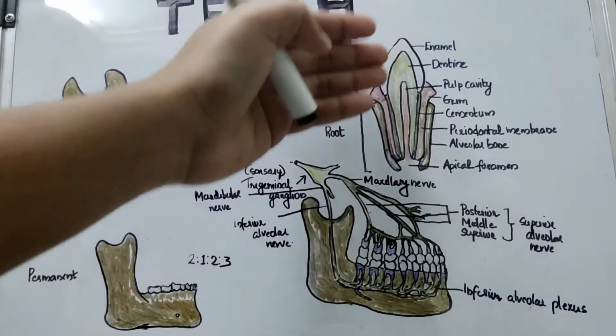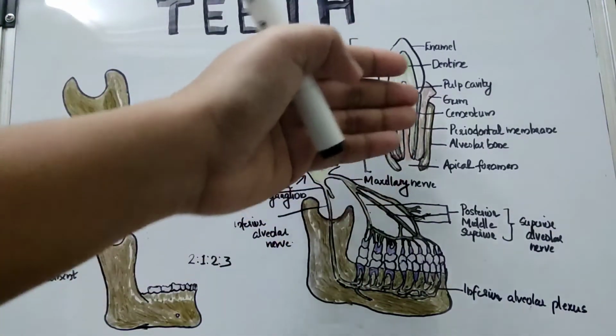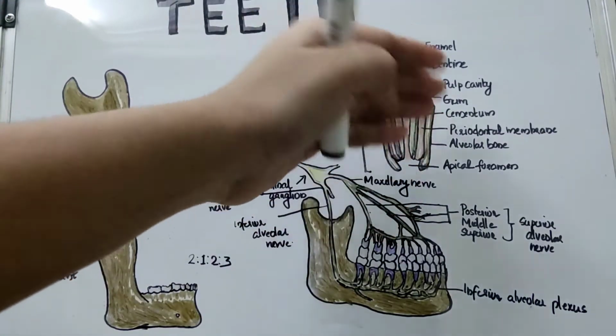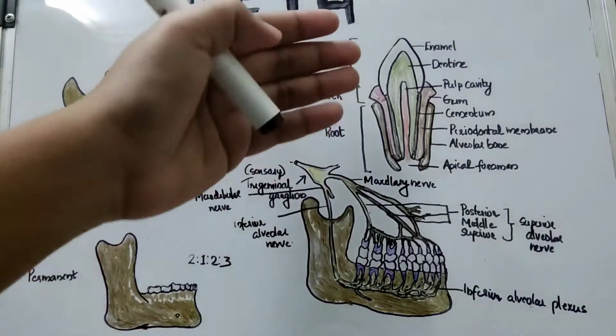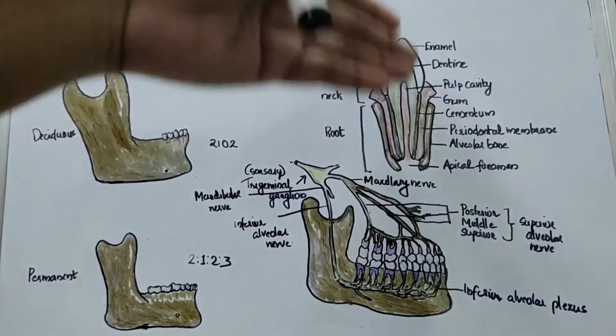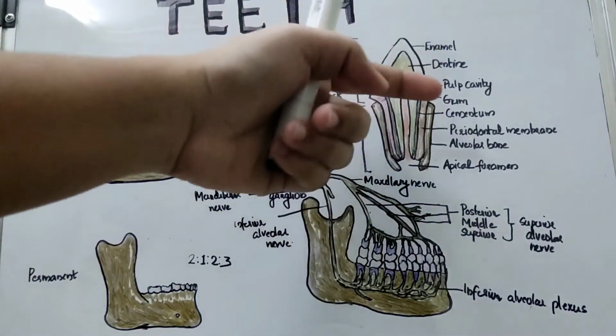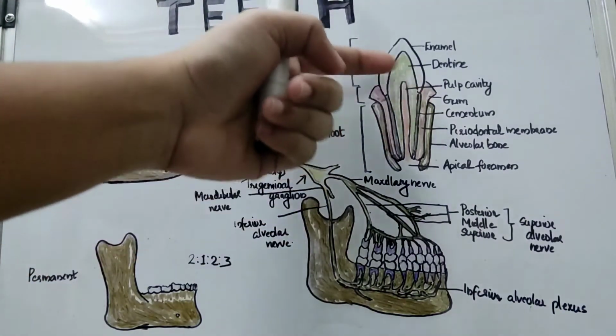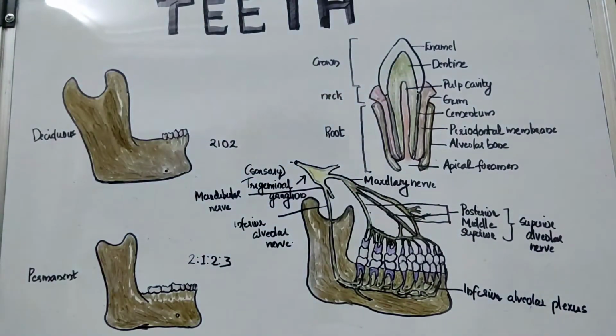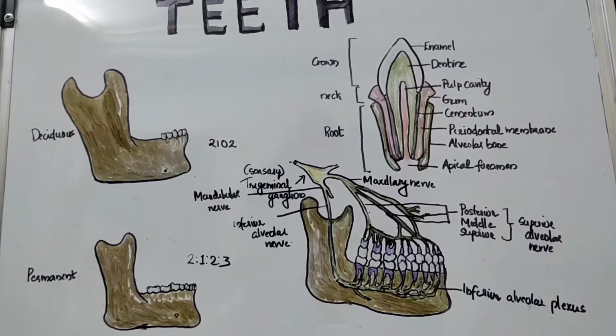The root is the part of the tooth which is embedded within the jawbone beneath the gums. So these are the 3 parts of the tooth.